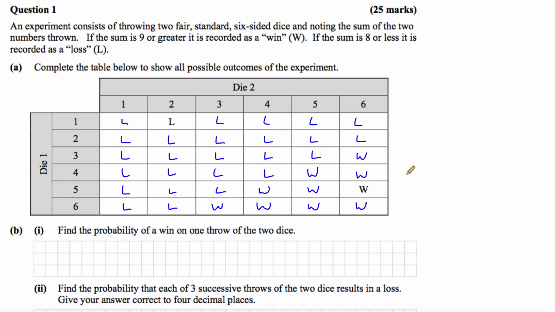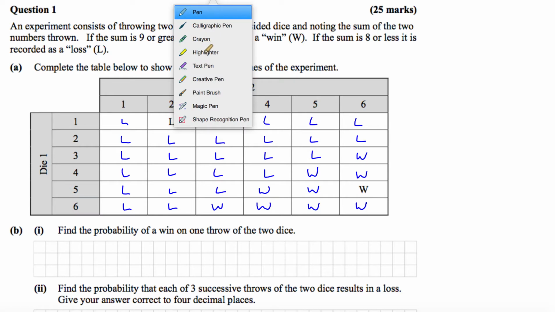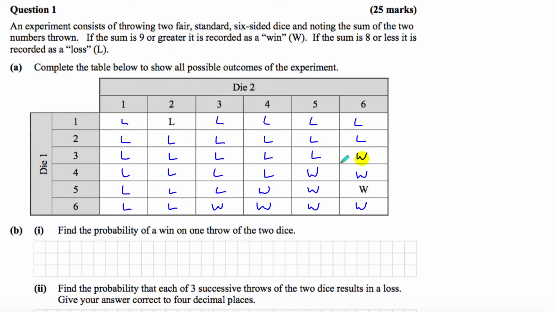Part B1 says find the probability of a win on one throw of the two dice. So a win, there's 1, 2, 3, 4, 5, 6, 7, 8, 9, 10. There's 10 possible ways to get a win, and that's out of a total of 6 by 6, 36.